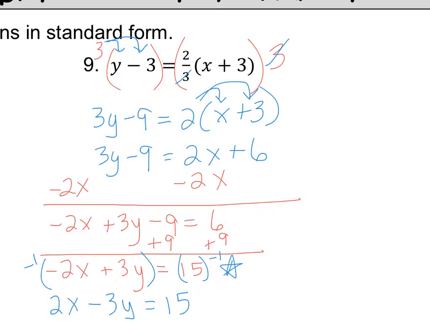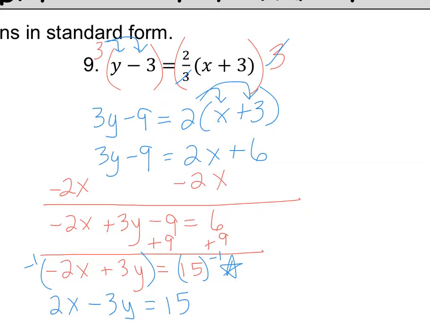You can get away with that, but they typically like to have standard form where the coefficient to the x is a positive whole number. So if you just left it at -2x plus 3y equals 15, that's acceptable. If you want to get it into the full definition of standard form, multiply everybody by -1.